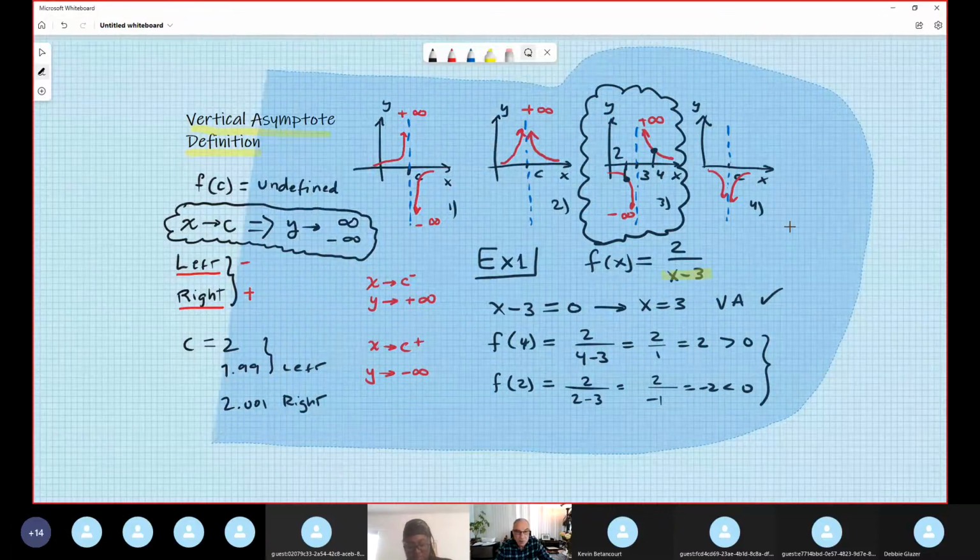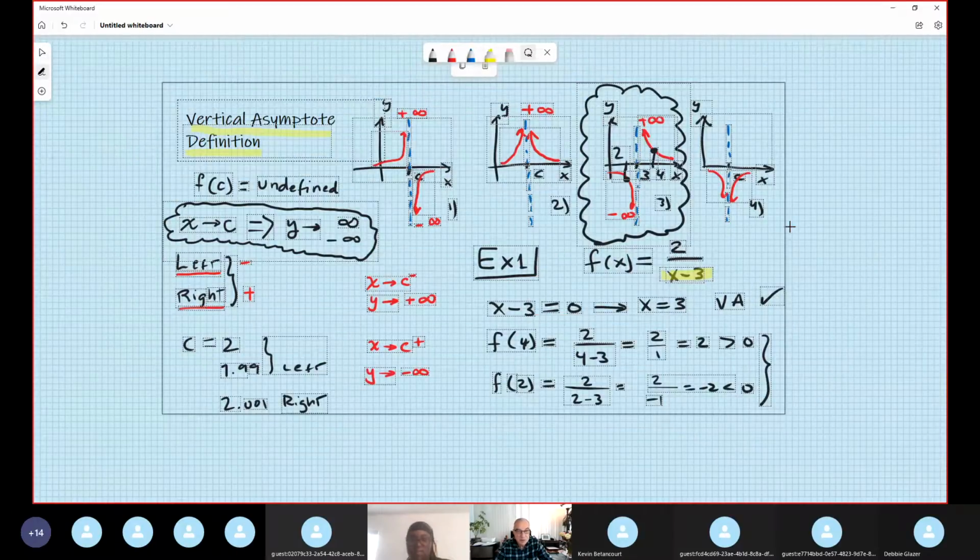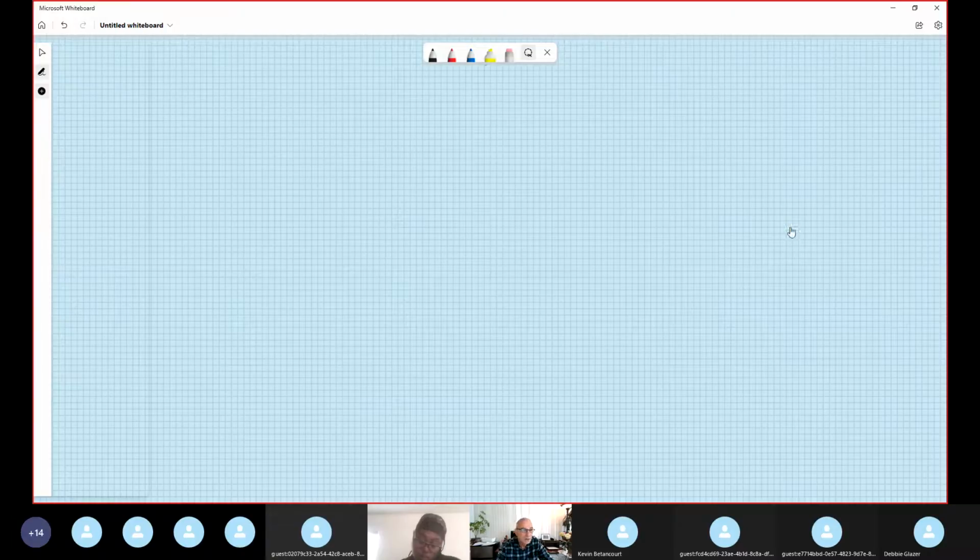Okay, let's move on to example 2. Example 2 is similar, it's the same topic as the analysis of the vertical asymptote, but in this case it includes another new thing. Look, example 2.